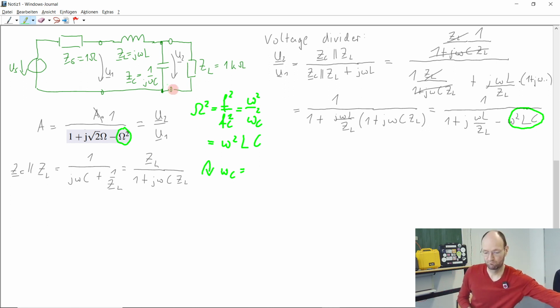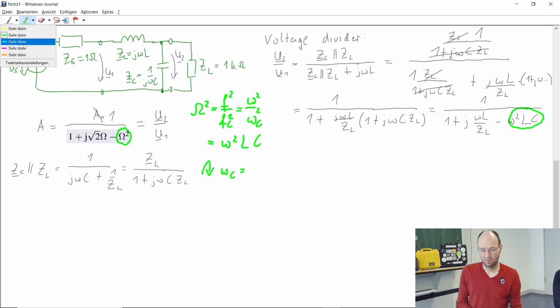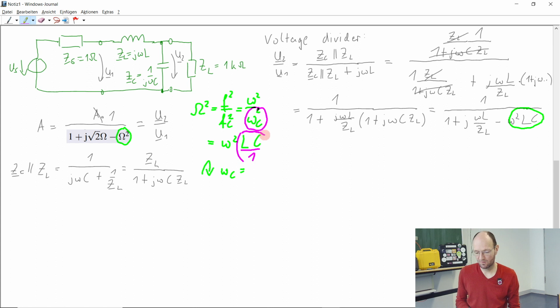Yeah, so now this here should be the same as 1 over this, right? So the corner frequency should be 1 over square root of LC.